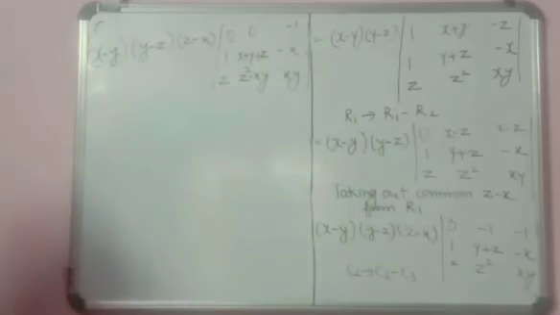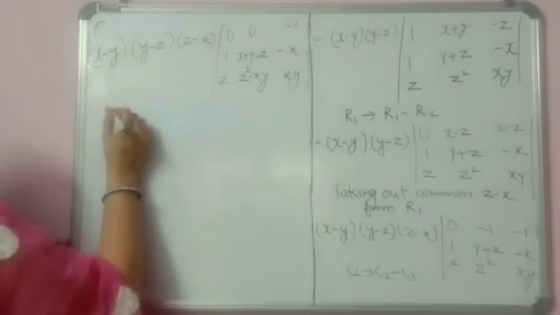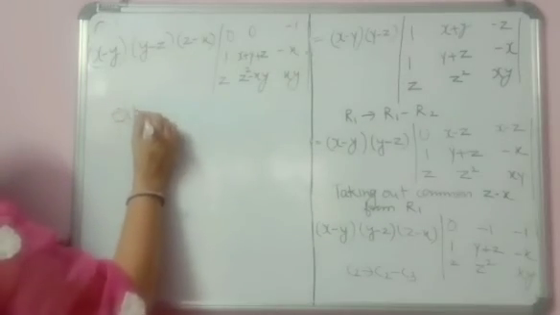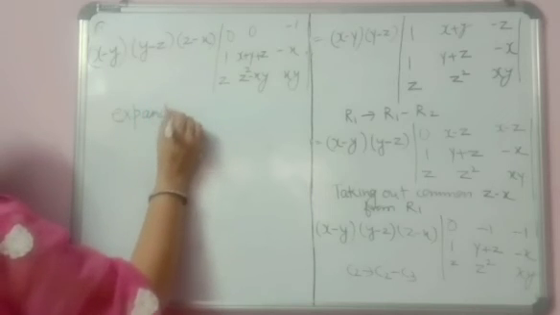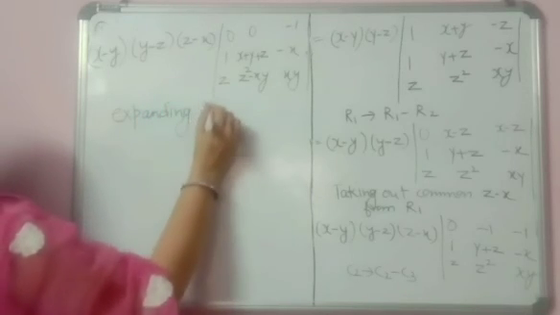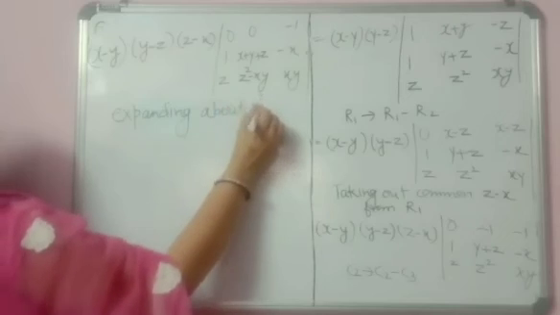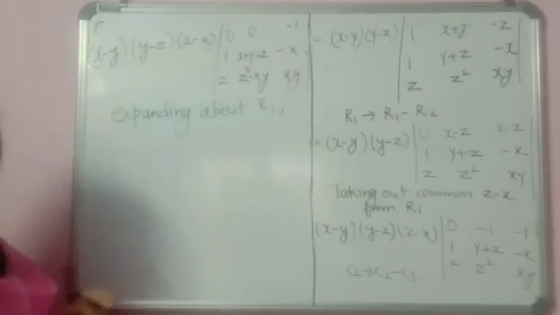Okay, now expanding about which column or row? So yes, expanding about R1 because it has two zeros.